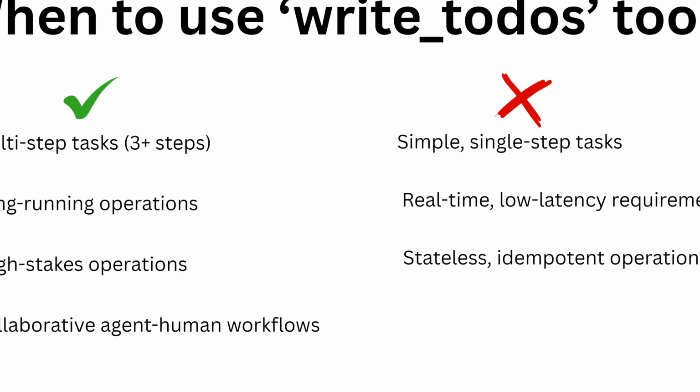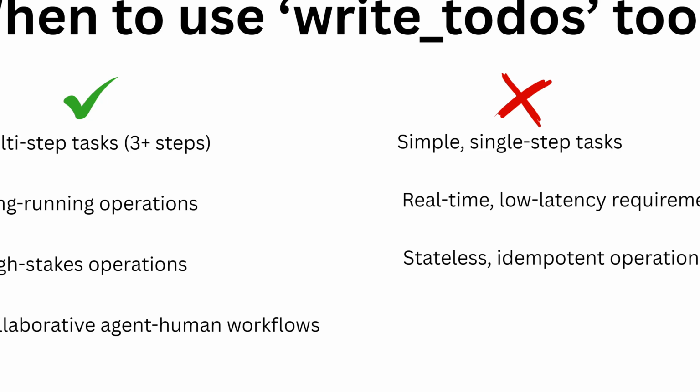Same goes for the next one, which is that you don't use this when you want real-time results. In fact, if you want real-time results, you probably have to write robust tools where you're solving for the workflows instead of allowing the agent to call tools in a loop.